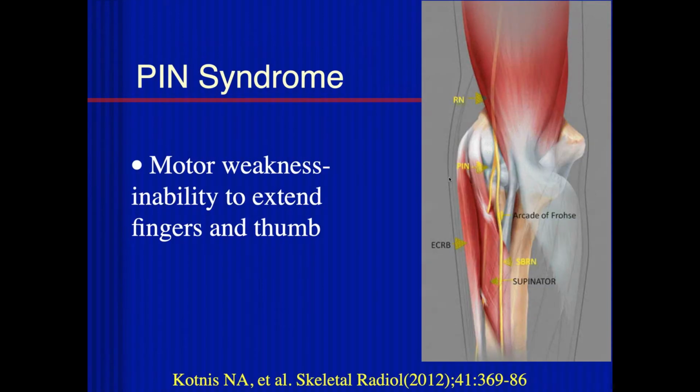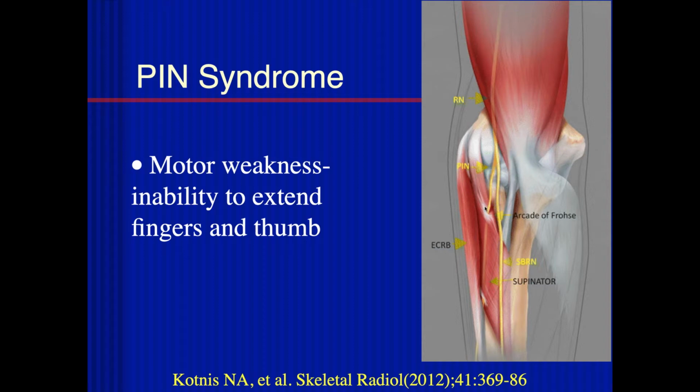Posterior interosseous or PIN syndrome. Here the radial nerve comes down over here on the lateral aspect anteriorly, and then it divides into the posterior interosseous, which comes down through the extensor muscles, and also an anterior branch, which then goes in the region of the arcade of Frohse, right in here.